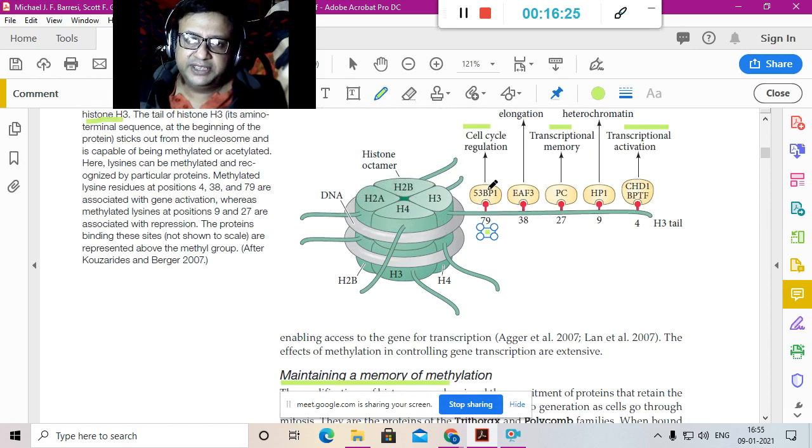So sometimes there is a memory of methylation. There are methylation rich spots. So when the cell divides, this methylation is also carried forward to the next cell. When one cell divides into two, this memory that this was methylated over here is carried to the next cell.